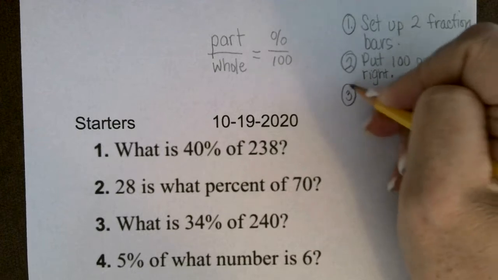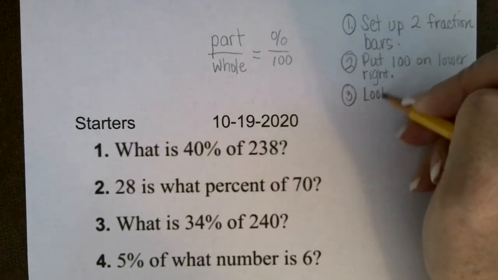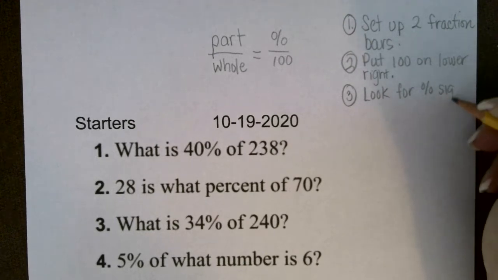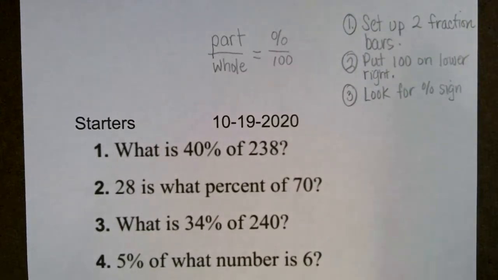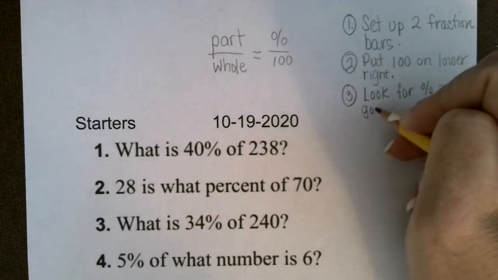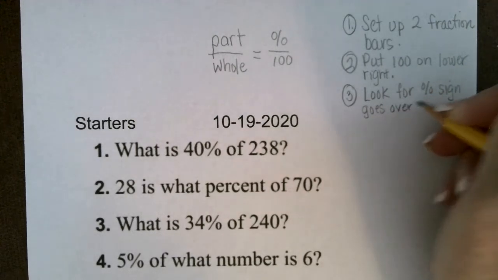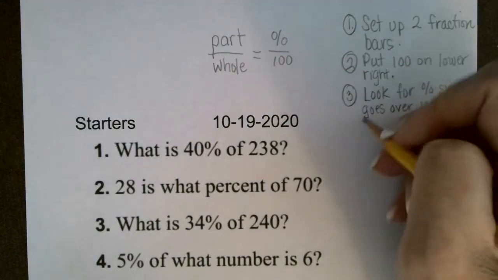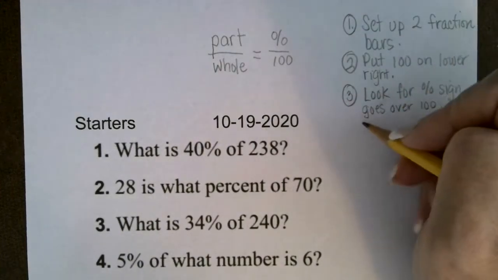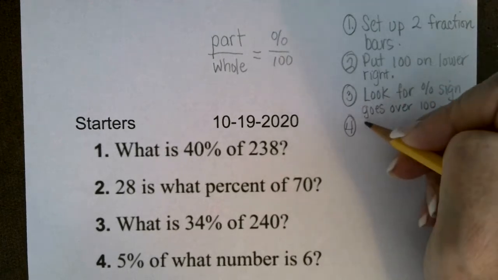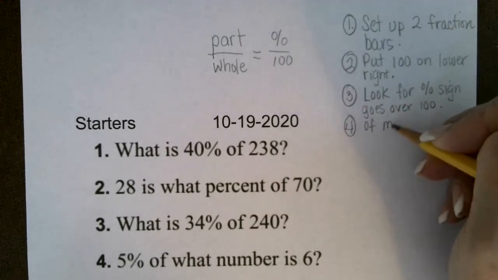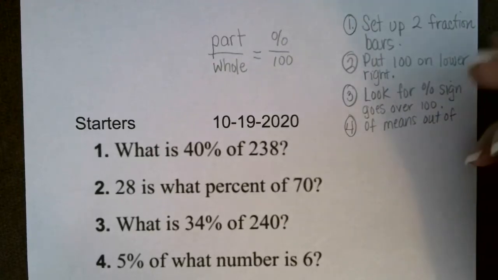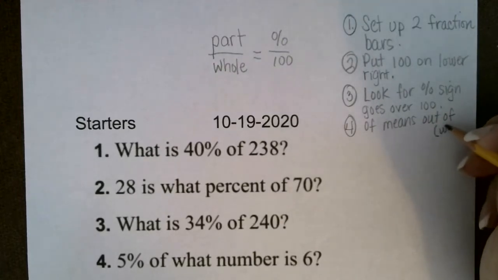We look for a percent sign, or a percent, and that goes over 100 if there is one. And there's an X if there isn't one. And then the last thing is that the "of" means "out of," and that gives you the whole.